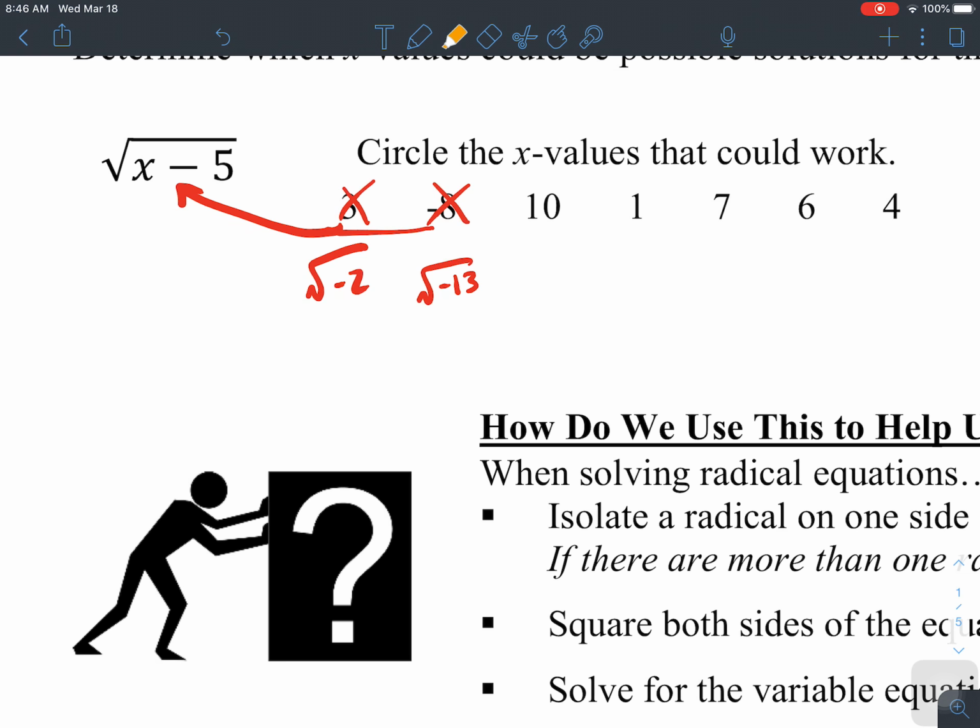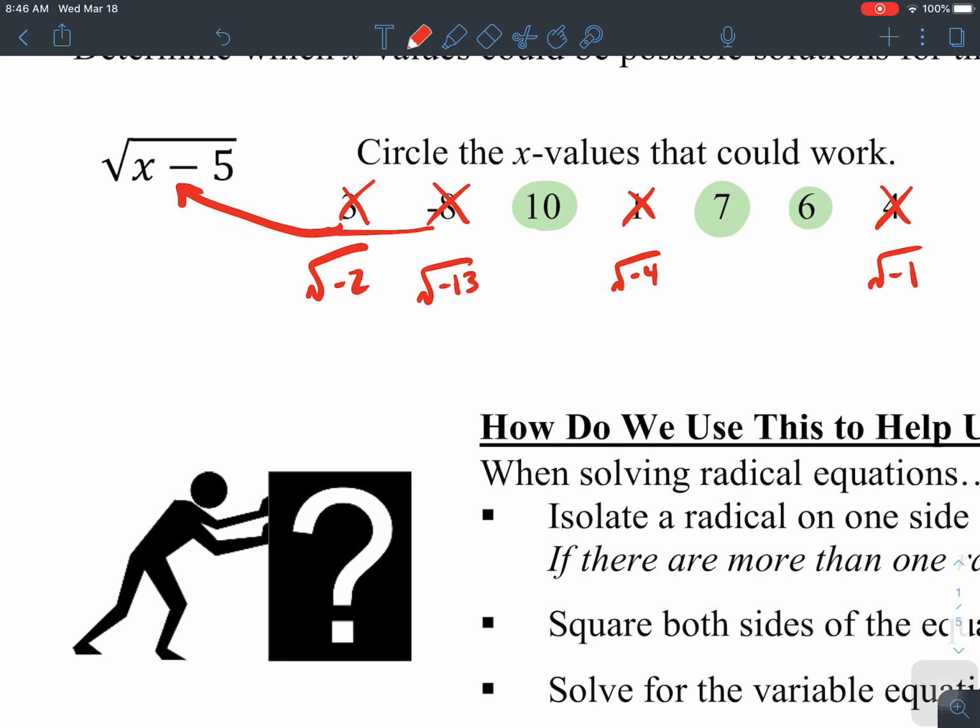That's not possible. But if I plug 10 in for x, 10 minus 5, I'm going to get the square root of 5. If I plug in 1, 1 minus 5 is -4. That one doesn't work. If I plug in 7, I'm going to get square root of 2. If I plug in 6, I'm going to get square root of 1. But if I plug in 4, I'm going to get square root of -1.